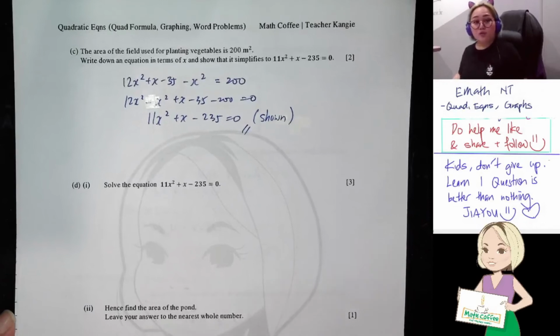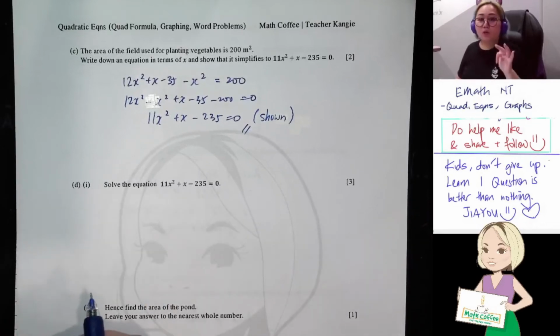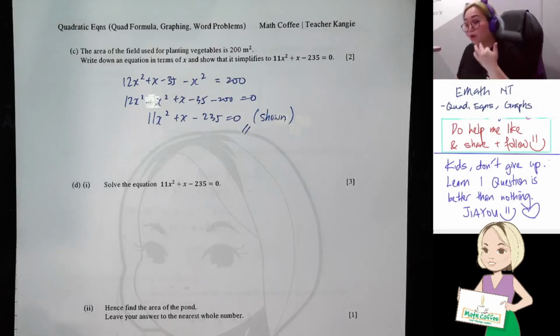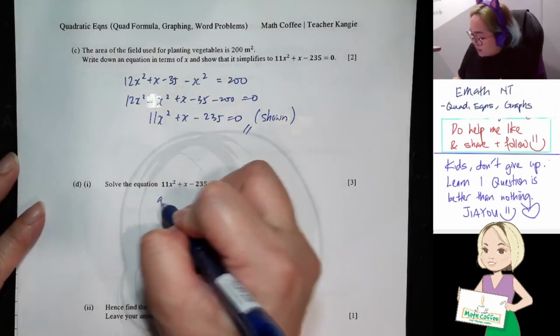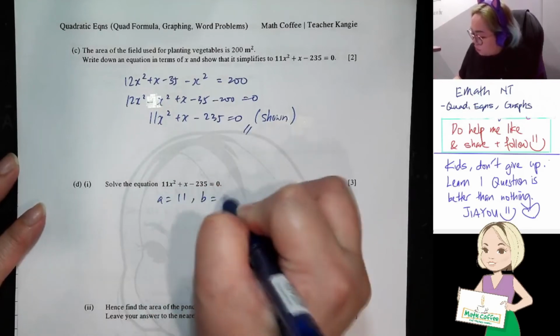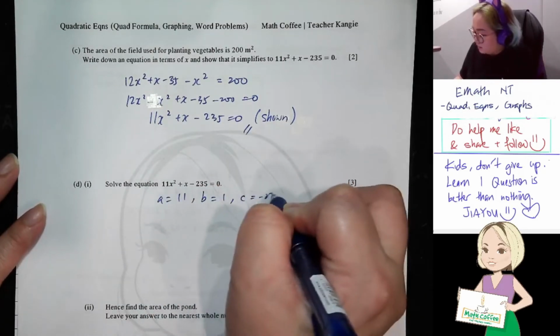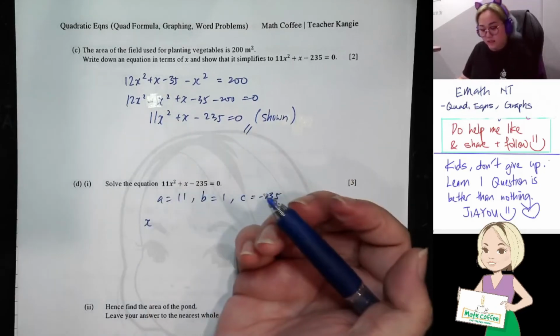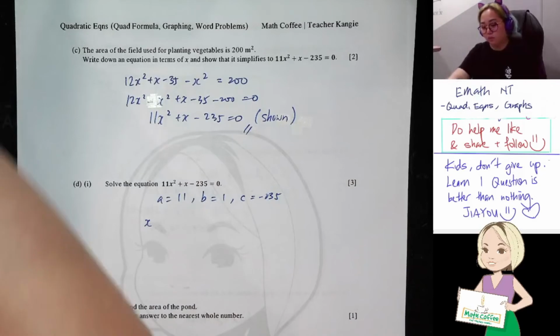Next, they ask you to solve the equation. And we all know that this one is a quadratic equation. The very first few questions that I teach you, we can use the quadratic formula, right? So I will state my A will be 11, my B will be 1, my C will be negative 235. You can just key into the calculator using the mode 2 tool.